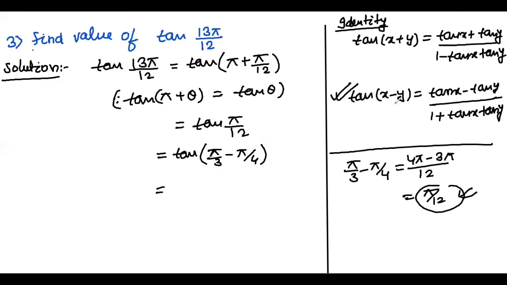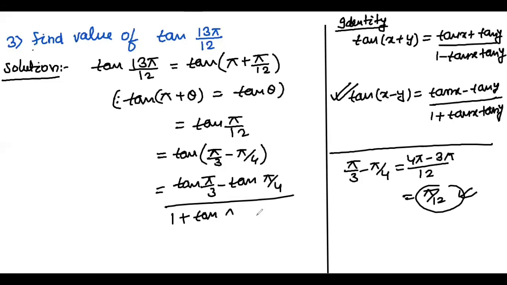Second one, tan of x minus y, that is tan x minus tan y by 1 plus tan x into tan y. So tan of pi by 3 minus tan of pi by 4 divided by 1 plus tan of pi by 3 into tan of pi by 4. Tan pi by 3 value we have to apply, and this value is root 3.